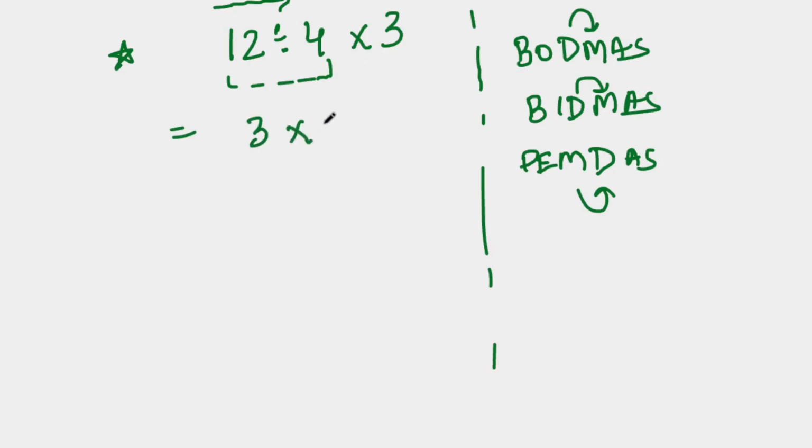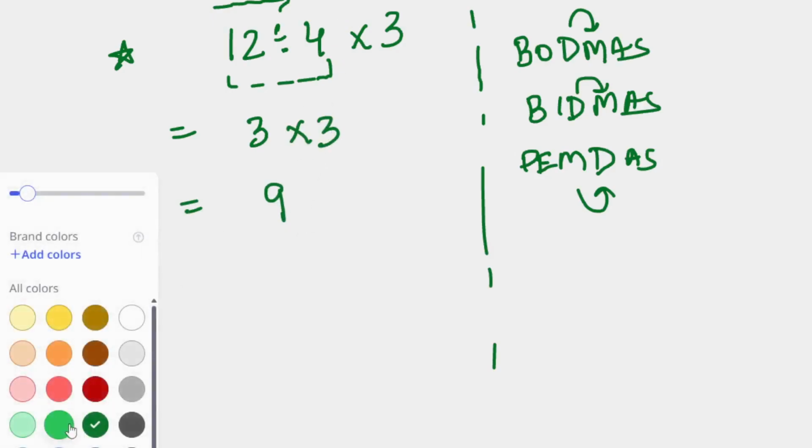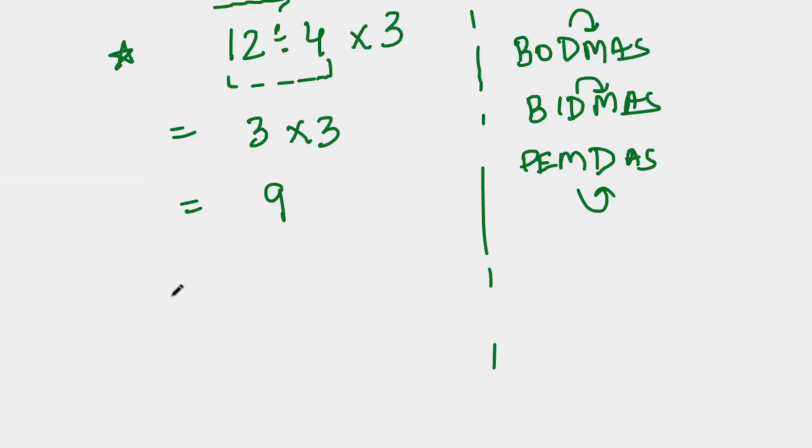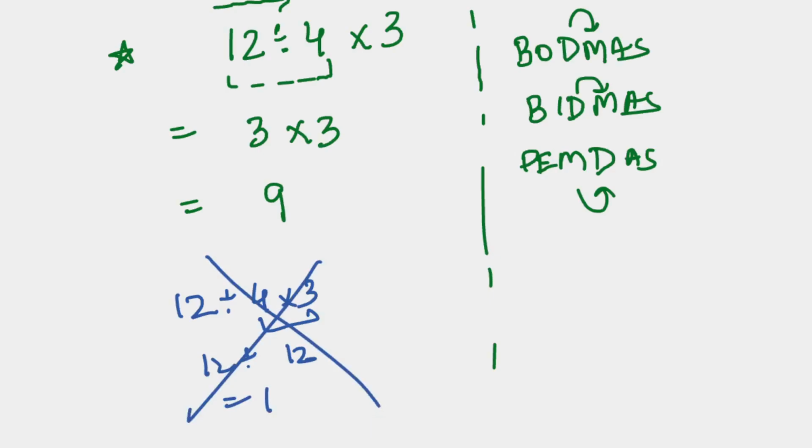Then the rest of the expression will be written. Now we will solve it like this. 3 times 3 is 9. You won't do multiplication first here. That 4 times 3 is 12 and 12 divided by 12 is 1. No, this is wrong, because you have to read it from left to right. Clear?